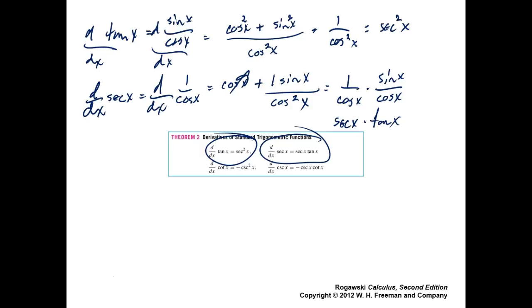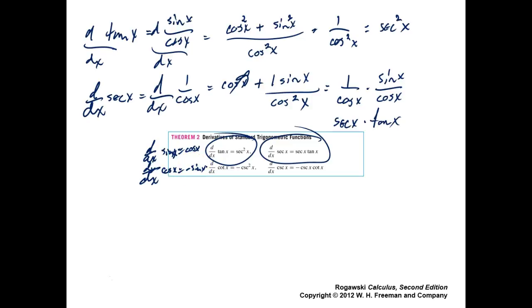And for the cosecant, same as you would expect, except with a minus sign. So if you combine those two with our first two: d by dx of sine x is cosine x, and d by dx of cosine x is negative sine x.